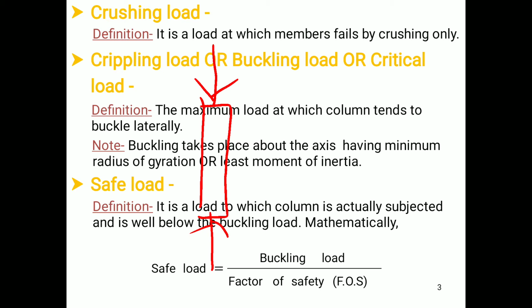If I go on increasing the load, at one point there will be buckling of the column in this manner. So that load at which the column tends to buckle laterally is known as the crippling load, buckling load, or critical load.